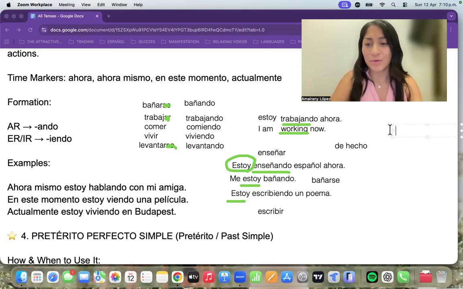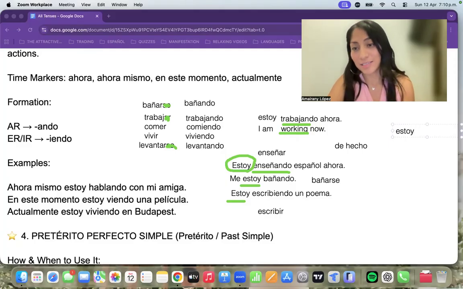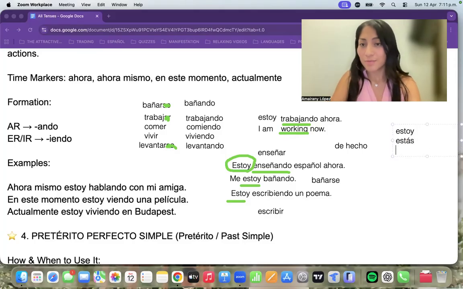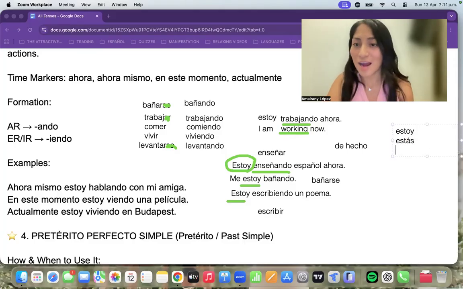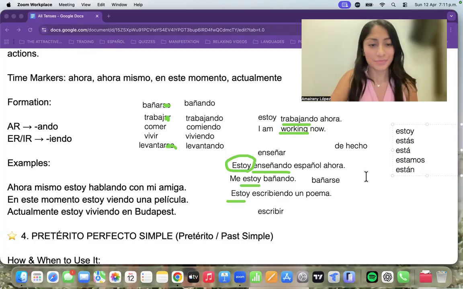And the estoy, which is I am, tells us who's doing the action, which in this case, of course, is I am. Estás would be you are. For example, ¿cómo estás? How are you? And está, she is, and estamos, we are, and están, they are.